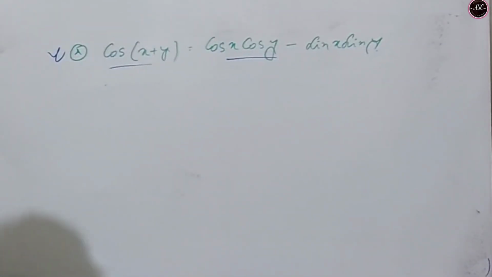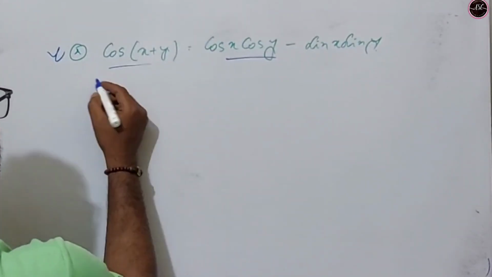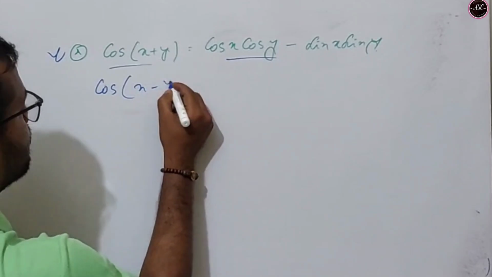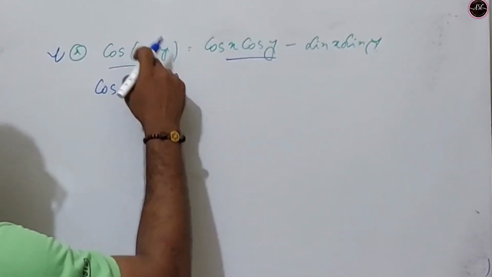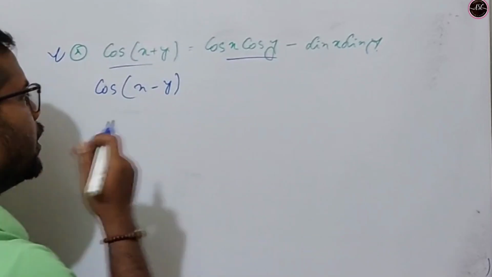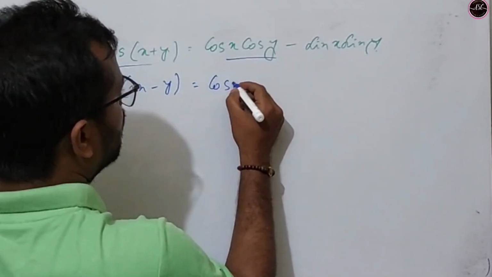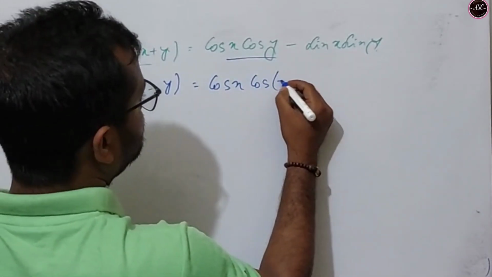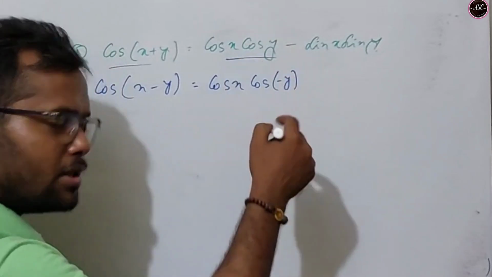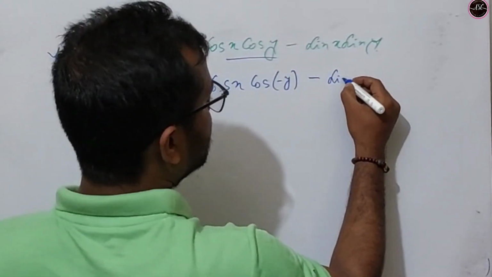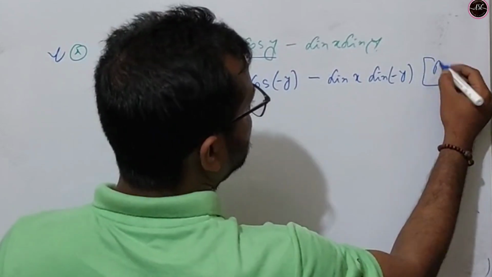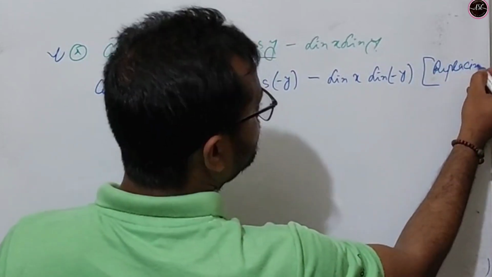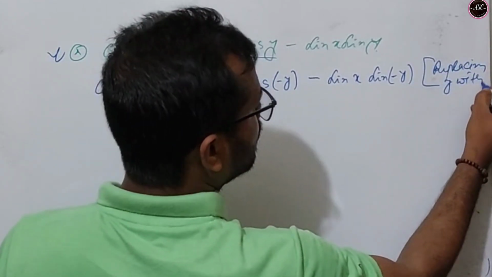Here we are going to learn the formula for cos of x minus y. Just put y equal to minus y. So here it will be cos x cos of minus y minus sin x sin of minus y, replacing y with minus y.